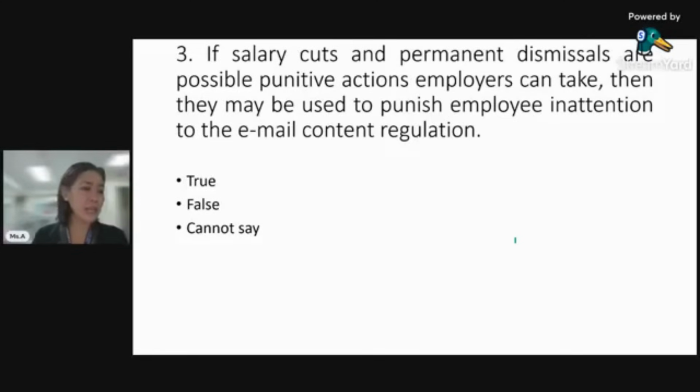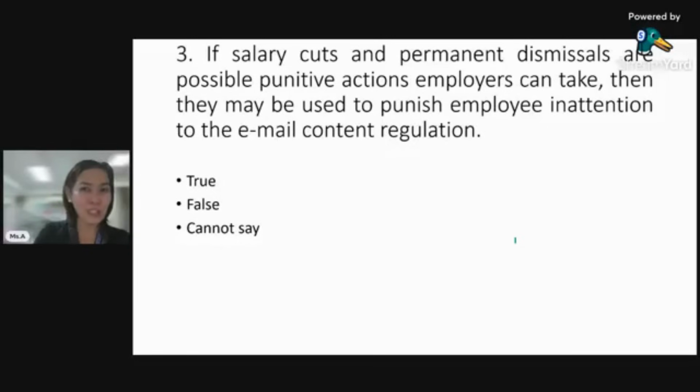Okay? And then, if salary cuts and permanent dismissals are possible punitive actions employers can take, halimbawa po lumabas ang email or content ng email, dahil po siya ay confidential.